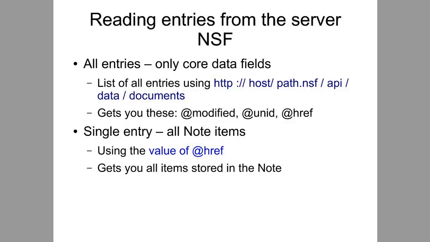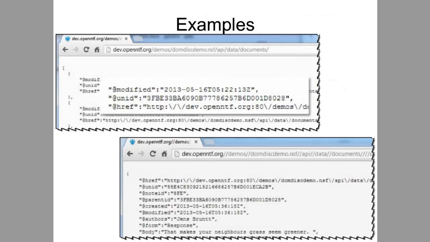Then, if I want to read things like the subject and the body field and all the other note items in the document, I'll do a new POST or GET to the server with the value of the HTTP reference to the document, and what I'll get is the full note.